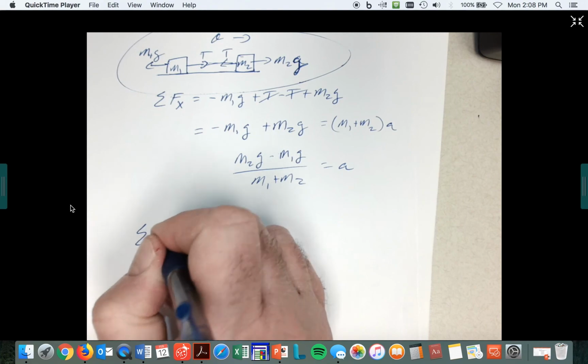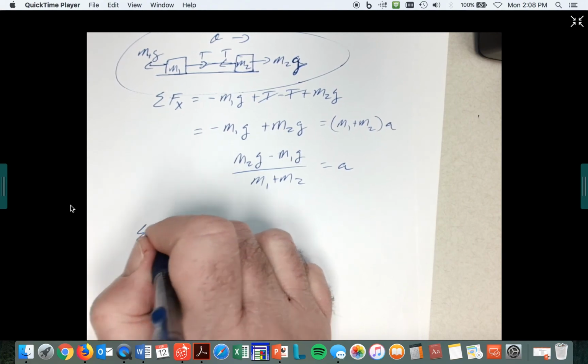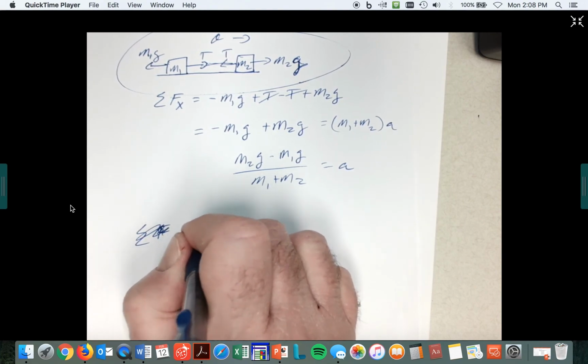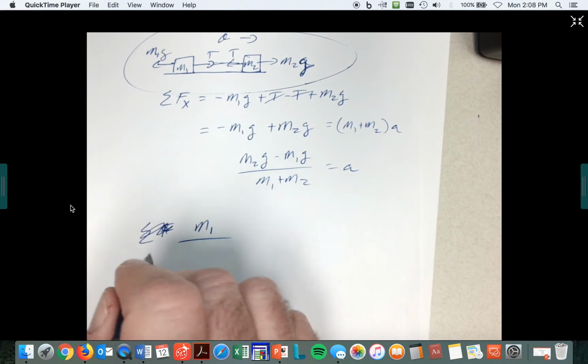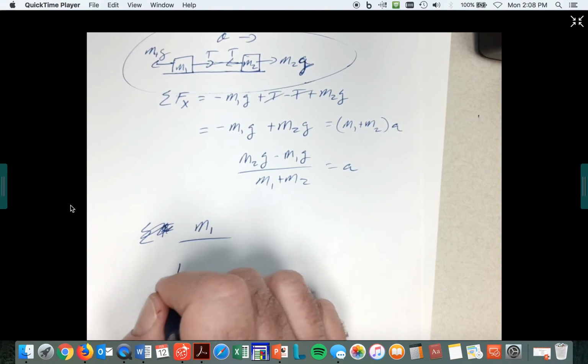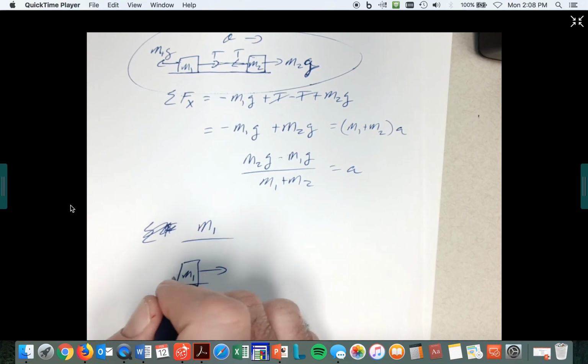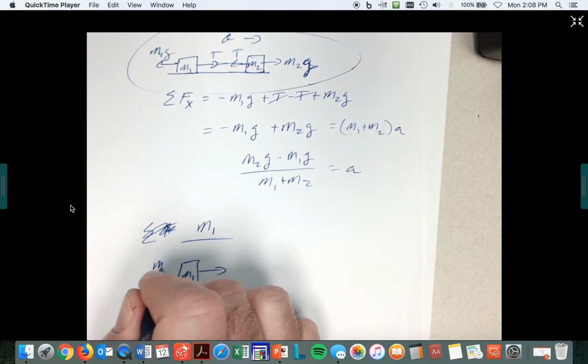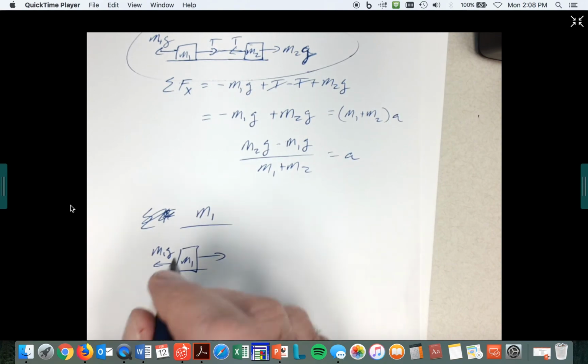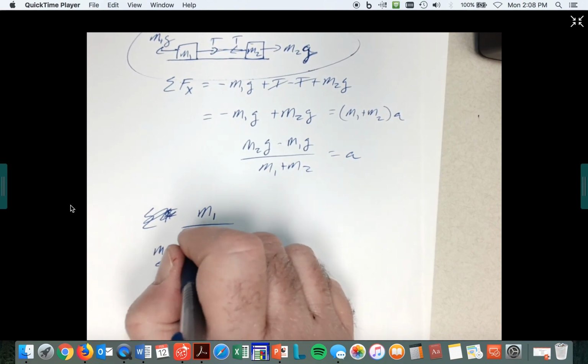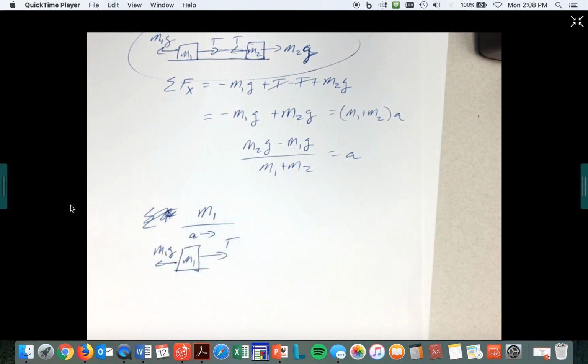Then I break it down to its single parts to look at the tension. Let's look at block 1. So if I just look at block 1, it's got a tension going this way, and it's got M1g pulling it this way, and an acceleration going that way.